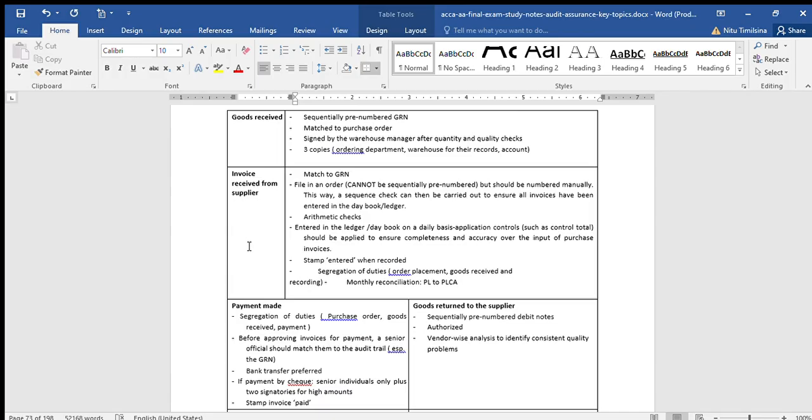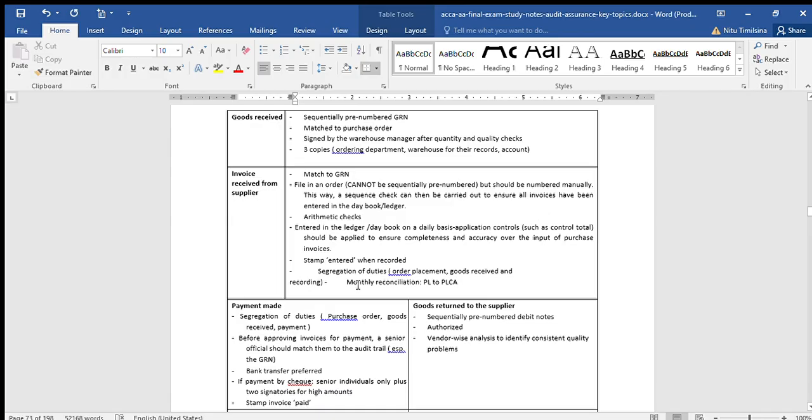Obviously the invoice cannot be sequentially numbered, but we can number it manually. This way a sequence check can be carried out to ensure all invoices have been entered in the daybook.